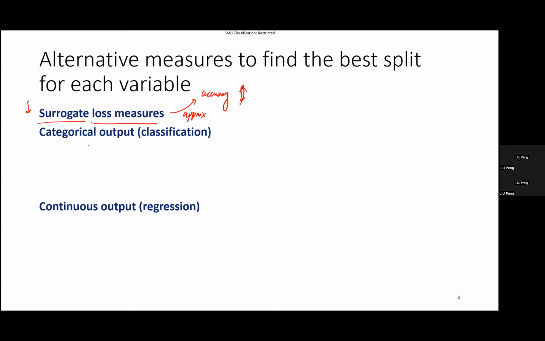And then we have two different choices here: if it's categorical outputs and if it's continuous outputs. Typically for categorical outputs, in terms of the loss metric, we can use the Gini impurity measure, or impurity index. We can also use entropy.